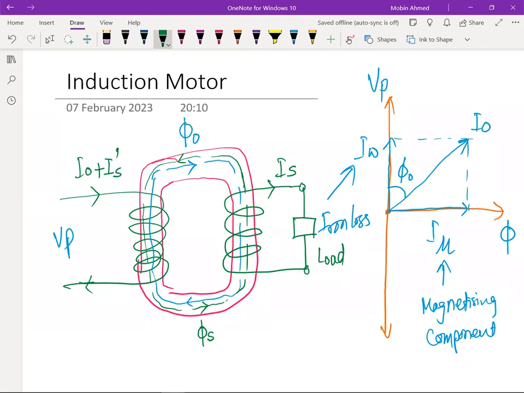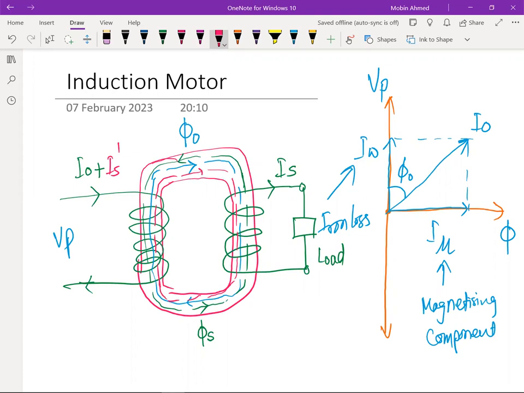I will change the color for IS prime. So this much current is going to increase due to the load. So there is a current that is going to flow to counteract the phi S.